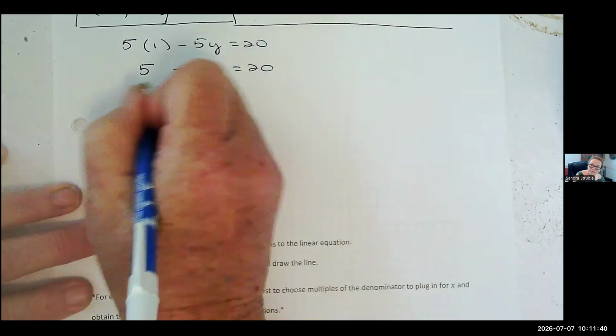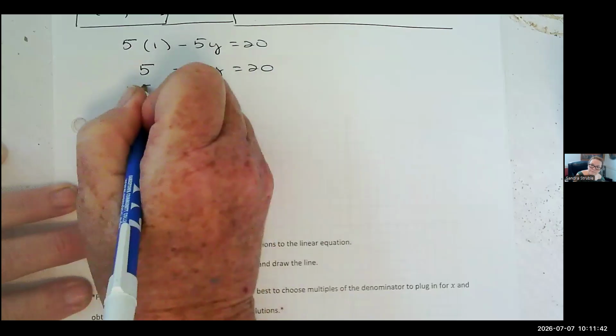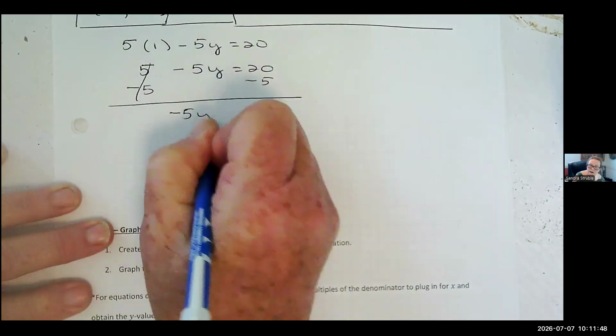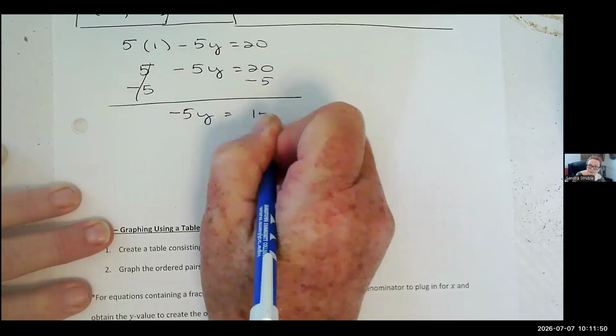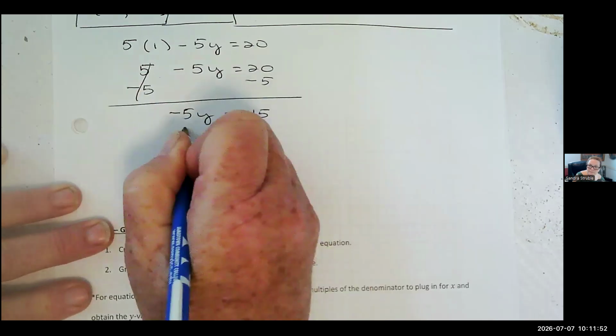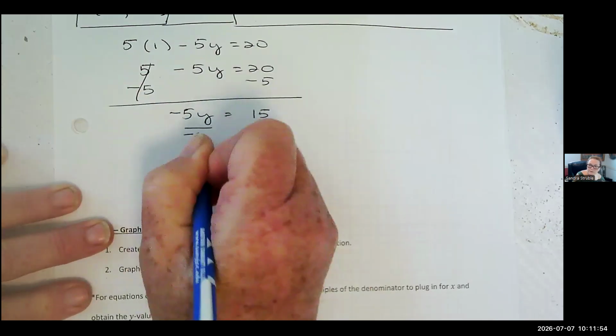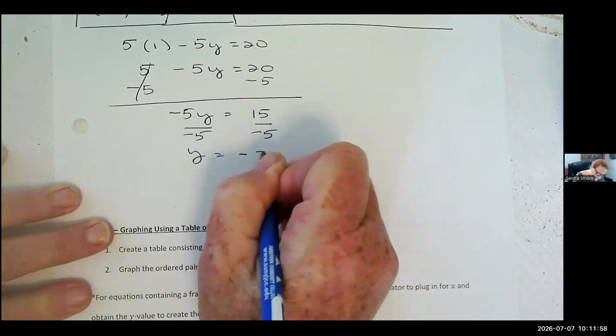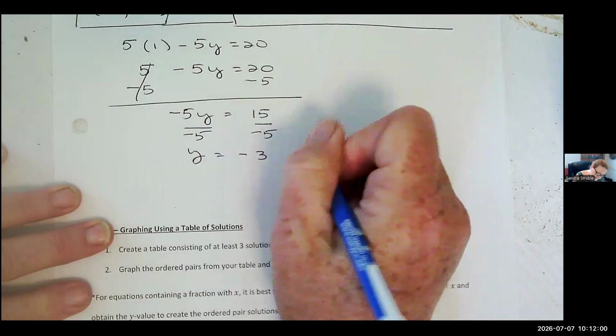Subtracting 5 from both sides. Gone. -5y is equal to 15. -5 is multiplied to y, so we have to divide both sides by -5. And y is equal to -3. So my ordered pair for this one is (1, -3).